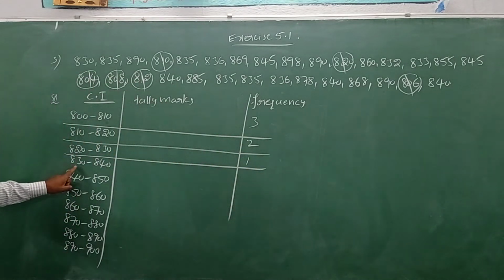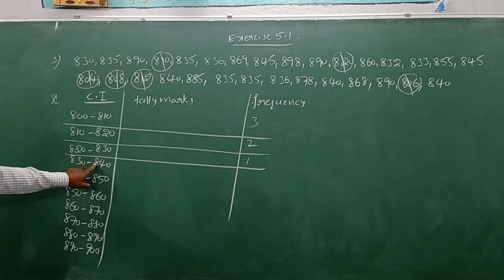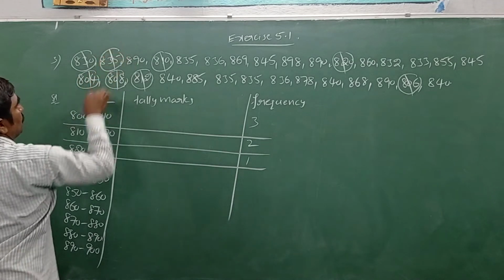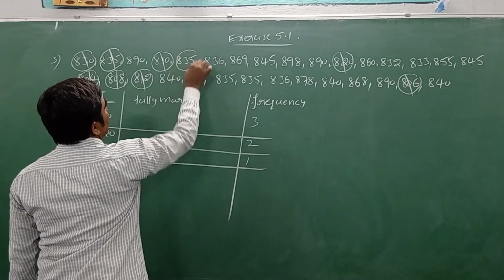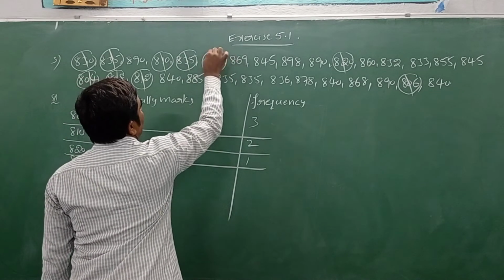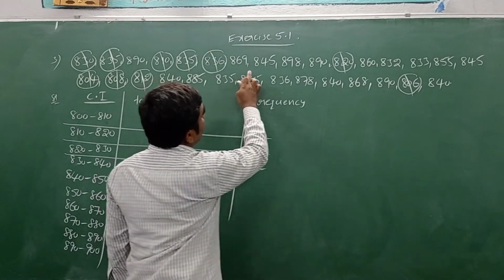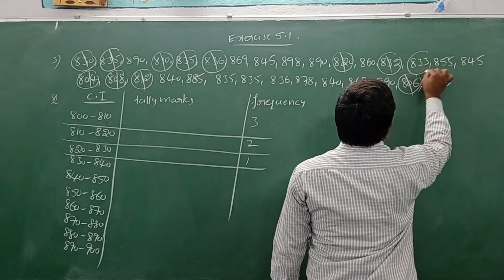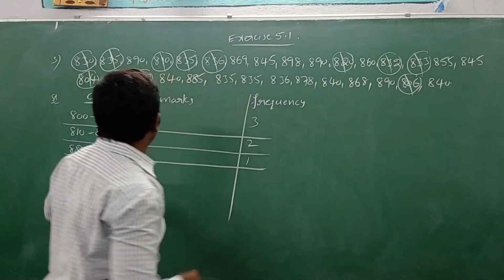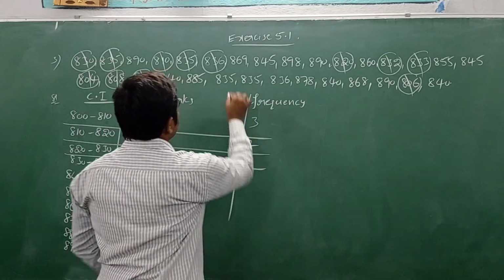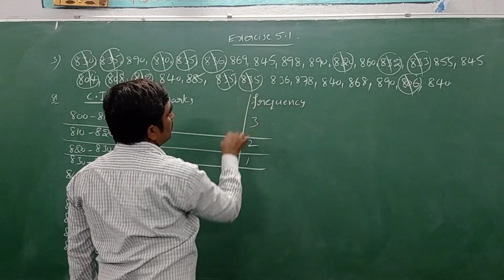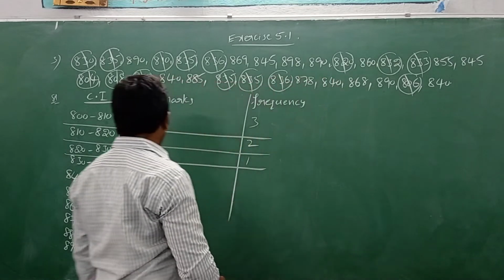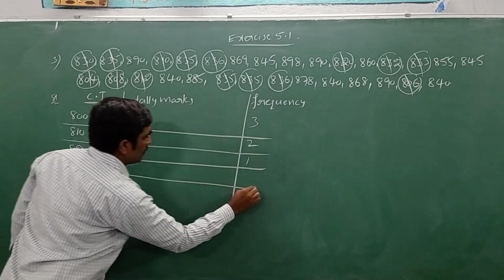Next we will see how many are falling in the next class interval. 830 to 839. 830, 1, 2, 3, 4, 5, 6, 7, 8, 9. That's all. 9 observations are falling in this class interval.